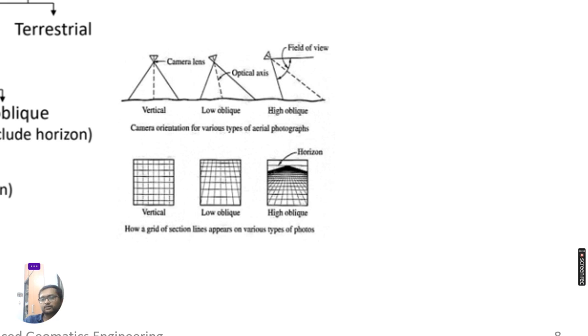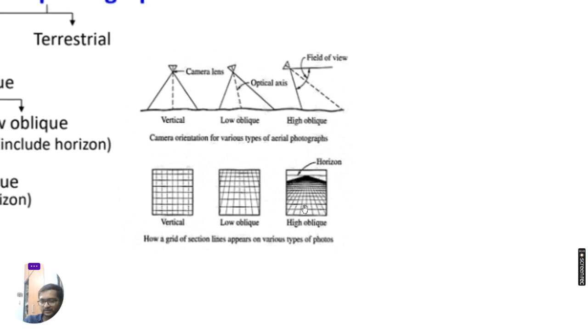it will give you the maximum footage or view, but you cannot measure different things, because of the tilt the objects lose their original length. Objects near to you will give perfect dimensions, but objects far from you will look elongated.